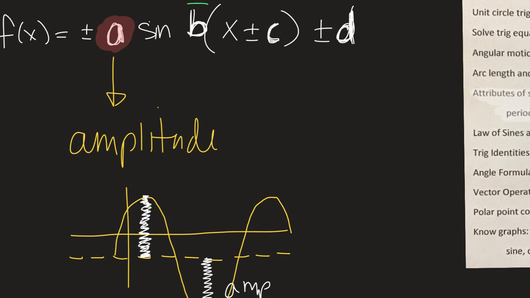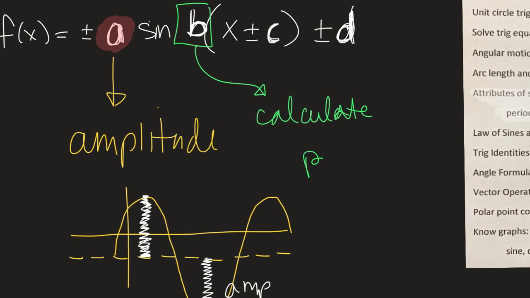Your B value helps you calculate your period. It does not tell you what it is. Your period is always 2 pi divided by your B value, whatever number is in front of x. It doesn't have to be outside of parentheses. It may or may not have a phase shift, but you need to calculate your period by doing 2 pi divided by b.